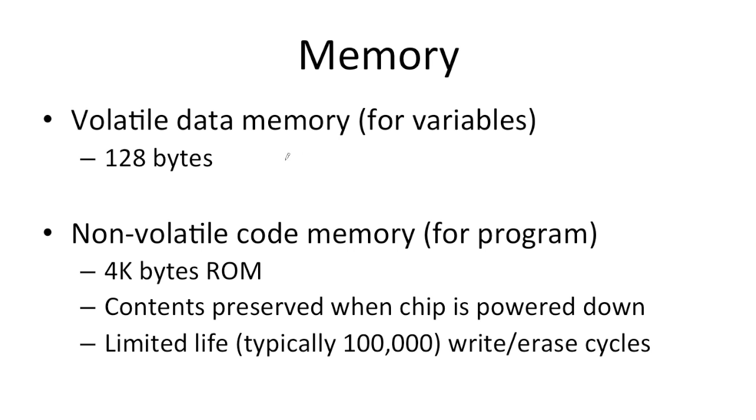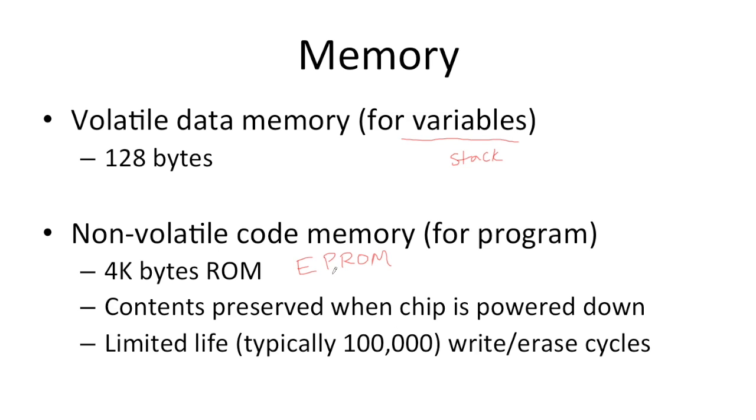The random access memory is where your variables and stack are stored. Typically you get around 128 bytes of storage space for that. The contents of your program are written in the read-only memory, generally stored on an electrically programmable ROM chip, which has a limited lifetime.